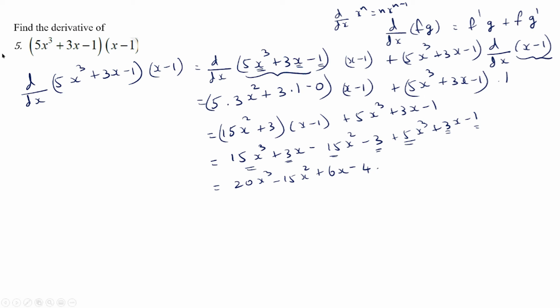So the derivative of this function is 20x cube minus 15x square plus 6x minus 4. Next question, 2 by x plus 1 minus x square by 3x minus 1.